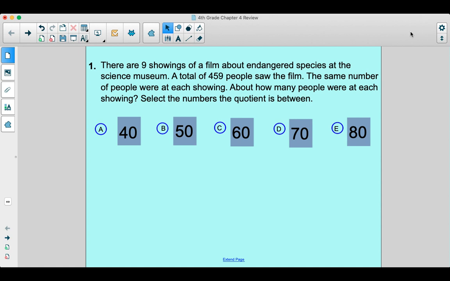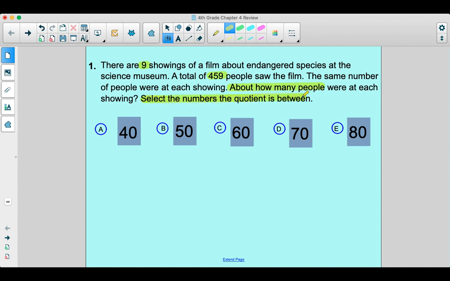Okay, so in this story, we've got 9 showings and 459 people seeing the film in total, right? So we know we're dividing 459 by 9 if we were looking for the actual answer. But it says about how many people were at each of the showings, and then select the numbers the quotient is between.